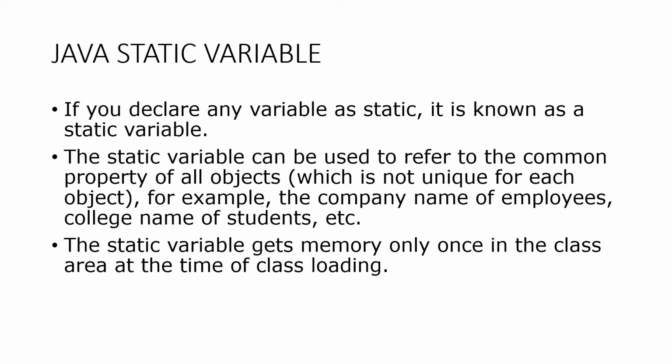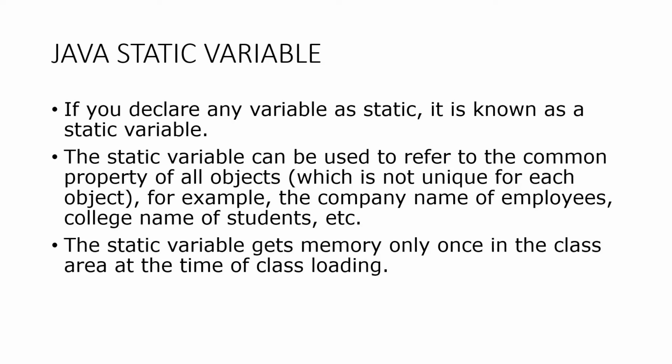Java static variable. If you declare any variable as static, it's known as a static variable. The static variable can be used to refer to the common property of all objects. For example, the company name of employees, college name of students, etc. So those variables are static variables.